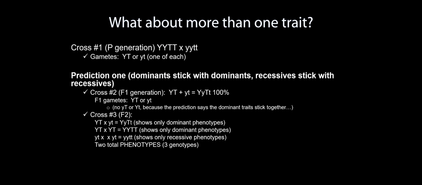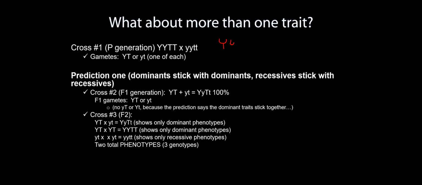So the first cross here, we're going to start with a true breeding parental generation that is true breeding for two different traits. You can see here capital Y, capital Y, capital T, capital T. So this is the genotype of parent 1, and this is the genotype of parent 2. Here's the key: how do you make the gametes?